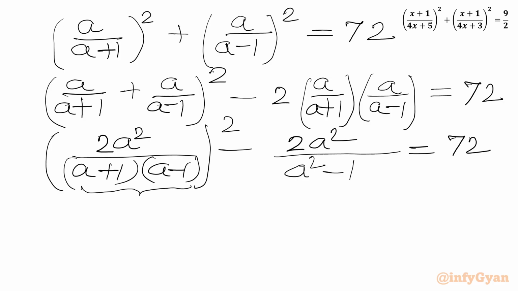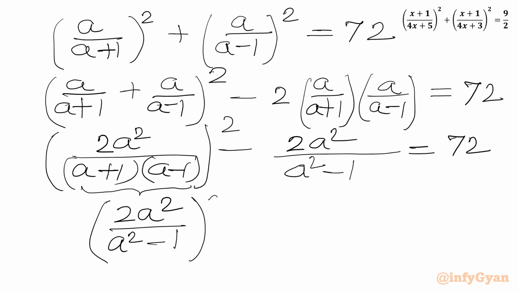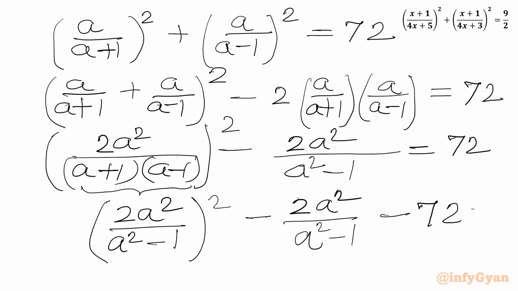Similarly here, I will write 2a square over a square minus 1 whole square, minus 2a square over a square minus 1, minus 72 equal to 0.